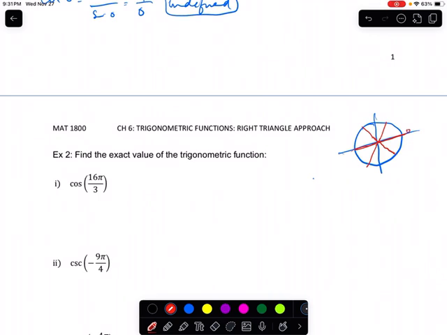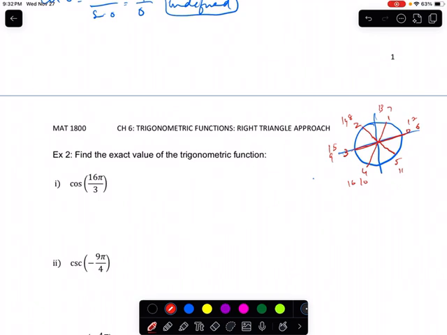So if you start, you can go 0, 1, 2, 3, 4, 5, 6, 7, 8, 9, 10, 11, 12, 13, 14, 15, 16. So we land in the third quadrant.